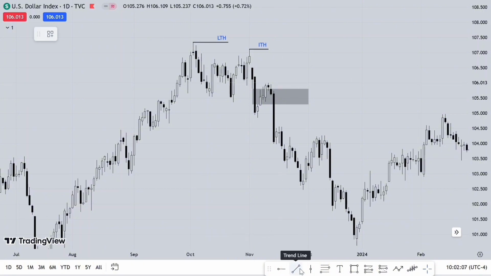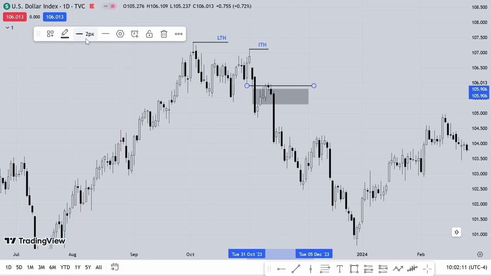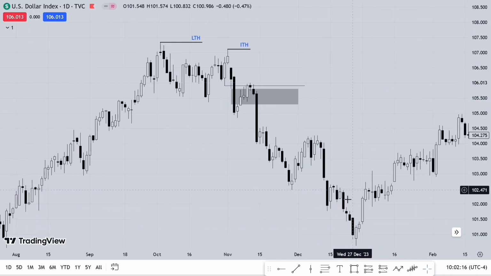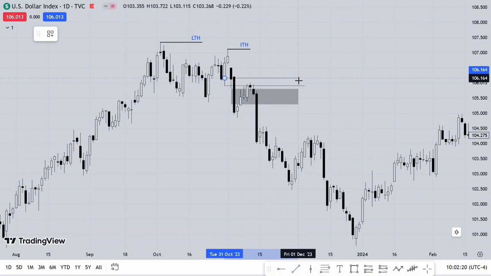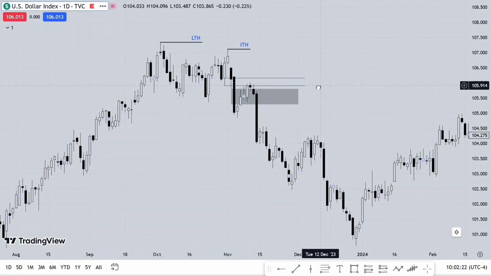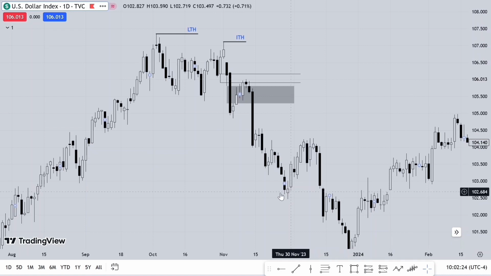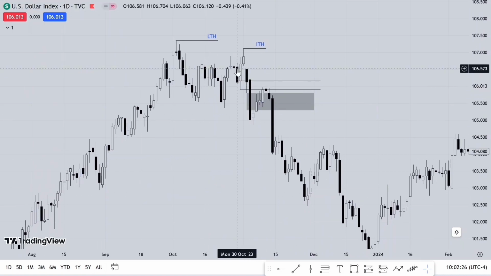So let's mark that out, which is the opening price and the midpoint. That is where you want to anchor the price. That is the last PD array you want price to hold.